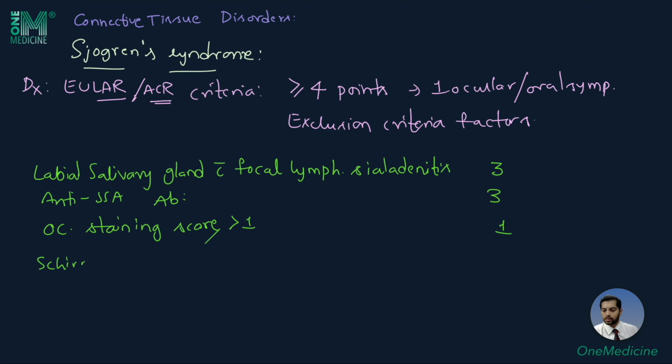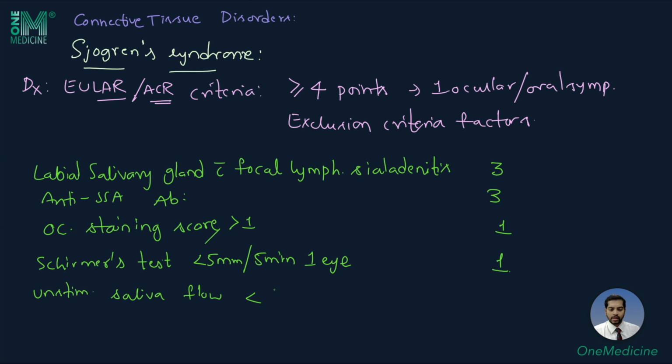Schirmer's test of less than 5 millimeter in 5 minutes in at least one eye carries a score of 1. Unstimulated saliva flow of less than 0.1 milliliters per minute carries a score of 1.